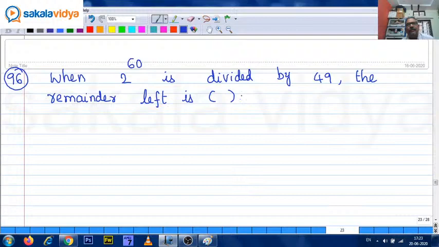So if 2 to the power of 60 is divided by 49, what will be its remainder? We need to find out. First option 1, second option 44, third option 43, fourth option 28.